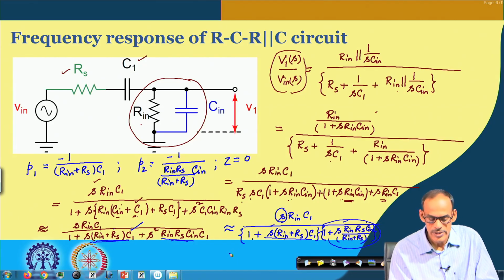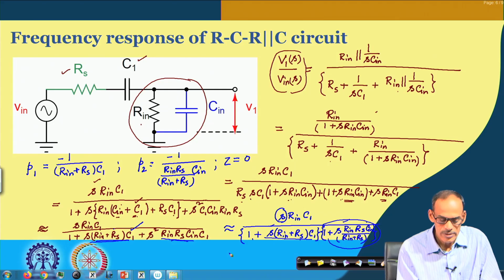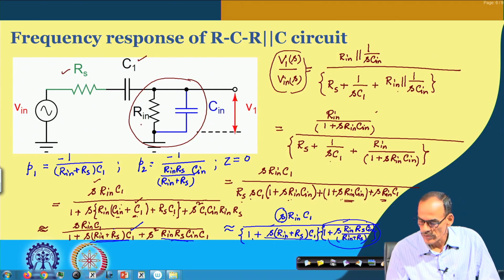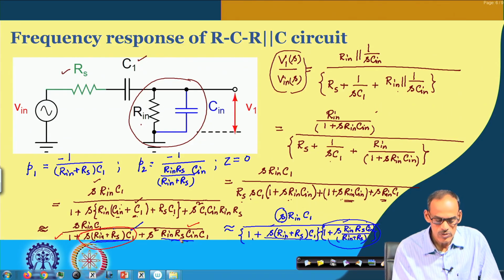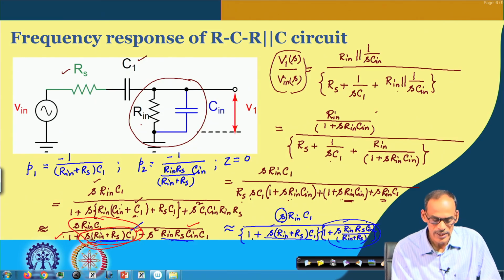When I say mid frequency, what it means is that the coefficient of s is dominating over the 1 and s square term. If I drop these two parts, then in the numerator we do have R in and C 1, and in the denominator we do have R in plus R s into C 1. C 1 is getting cancelled, S is getting cancelled.